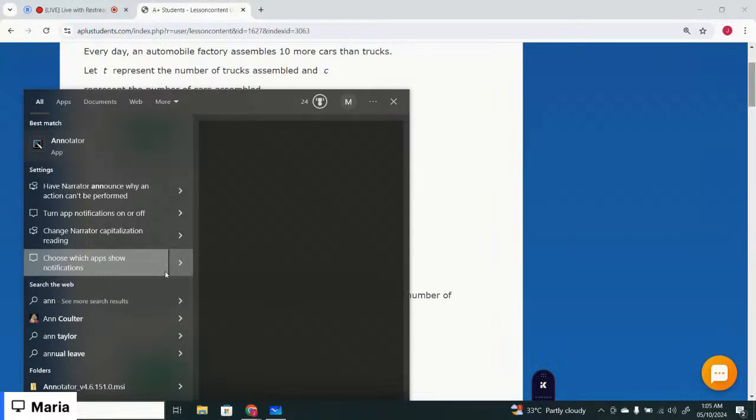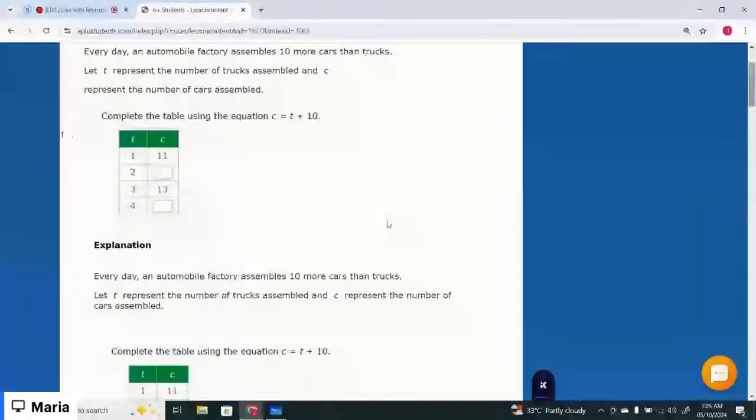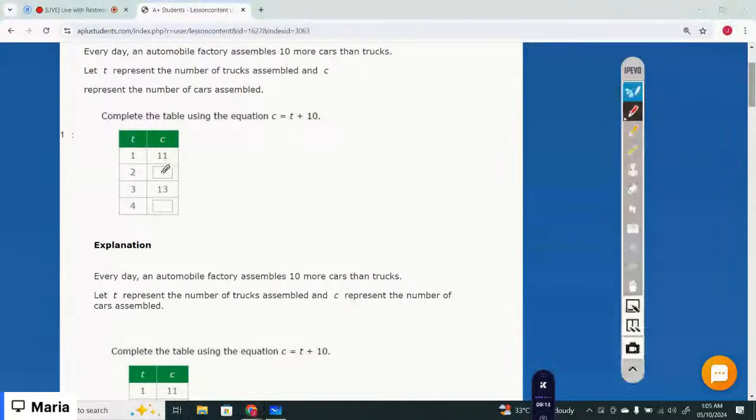Equation C equals T plus 10. You need to use this equation and find the missing values, right? For example, you have to find the missing value for T equals 2, right?